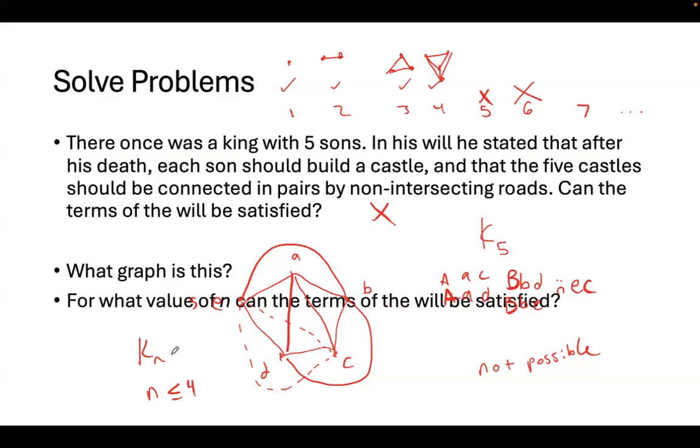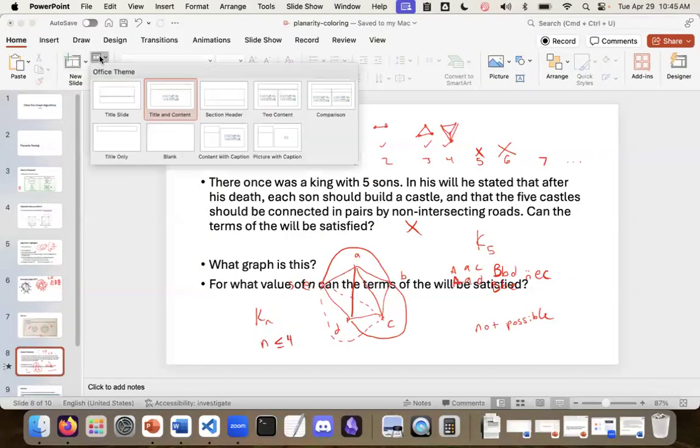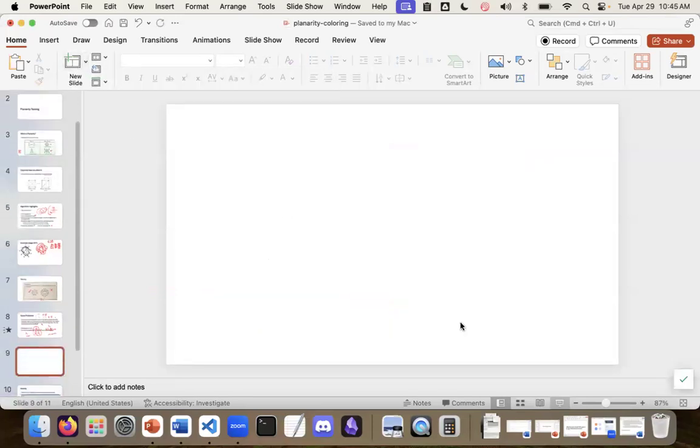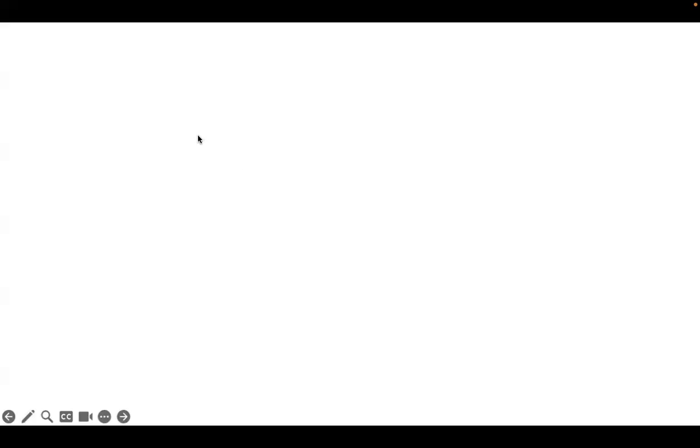There's something that I want to make a new slide so we can talk about it. There's something that the book mentions that I don't want to go into too much detail, but just so that you're aware, there's this theorem by a guy named Kuratowski.